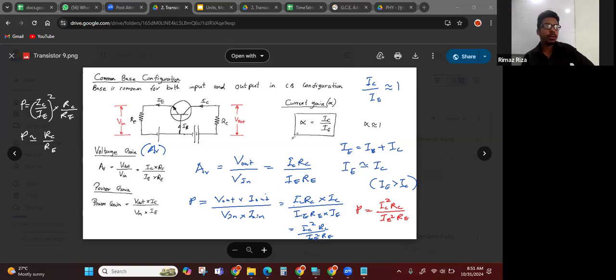If you do the same for a PNP transistor, you get the same voltage gain, power gain, and current gain.